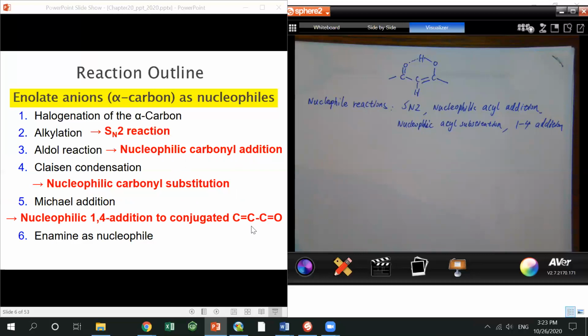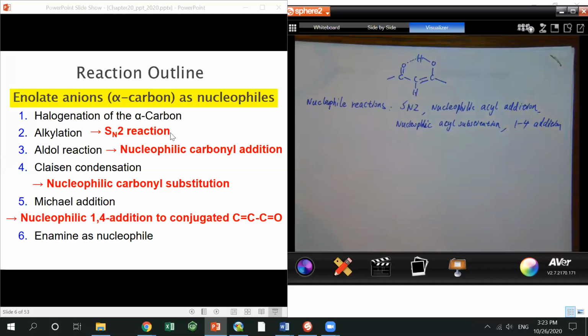As long as you keep all this in mind, your life will be much easier. Another relatively new reaction is halogenation of the alpha carbon, and also the imine as a nucleophile. Those two are much easier and should be fine.